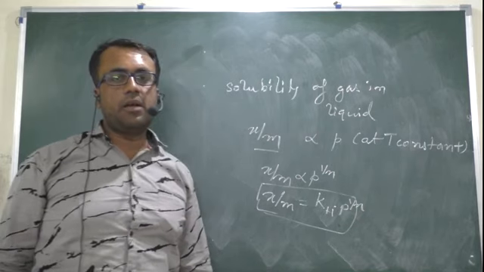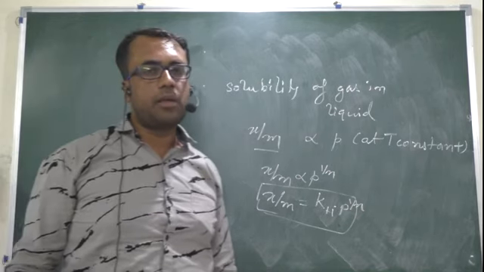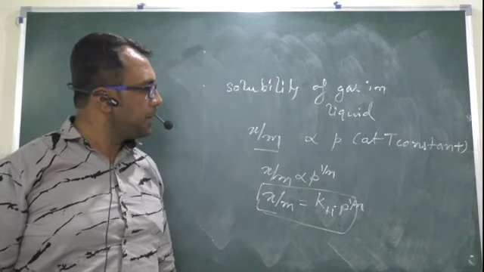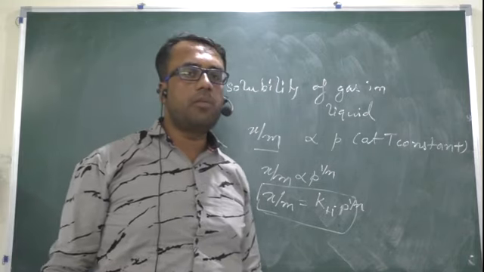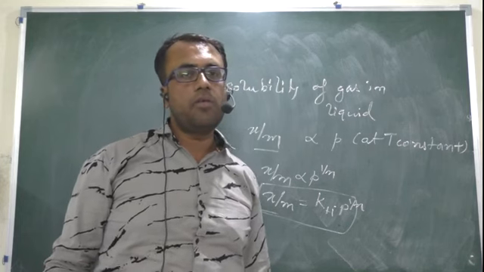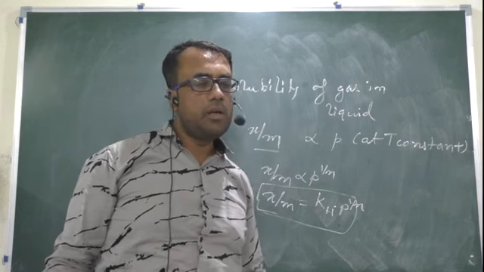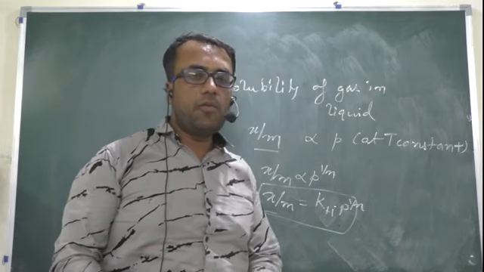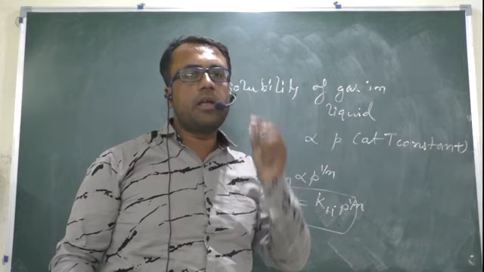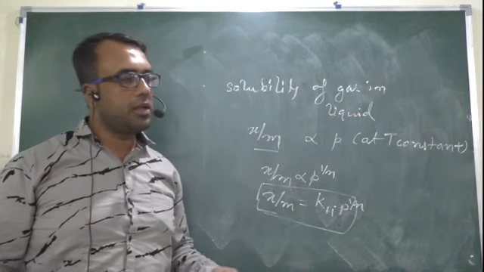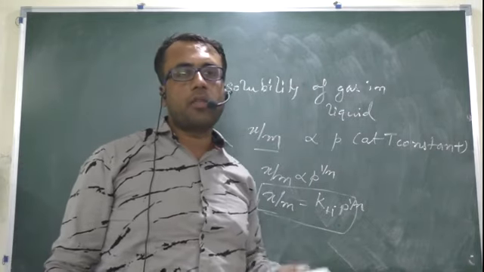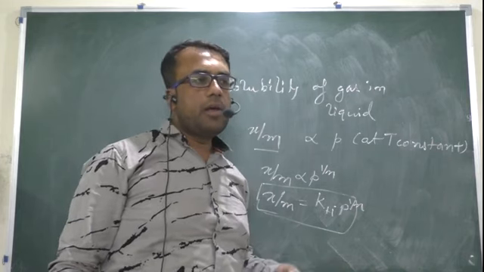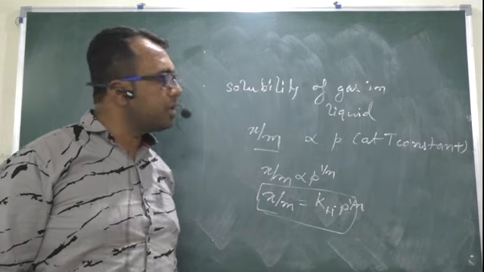The application of Henry's law is in various fields. It has even a medicinal application, where we consider the solubility of oxygen gas in the hemoglobin present in the blood, which is liquid. We also have the example of solubility of a particular gas in natural water bodies, where oxygen gas is dissolved in the water of rivers and other water bodies present on the earth.